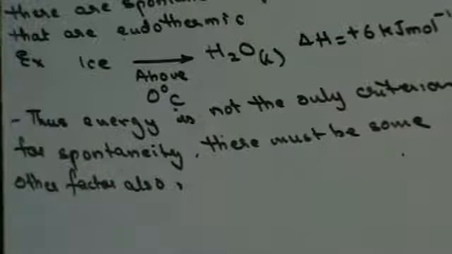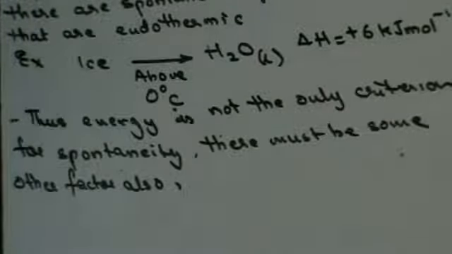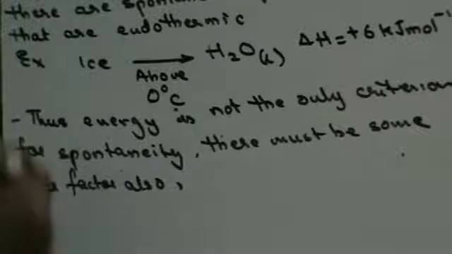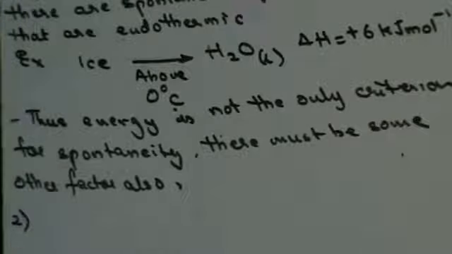So here we know that stability depends upon energy, but energy is not the only criteria that determines the spontaneity of a reaction. There has to be some other criteria also. So that's my relationship between energy and spontaneity.